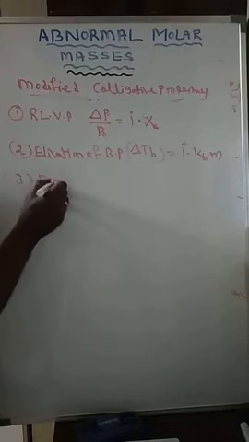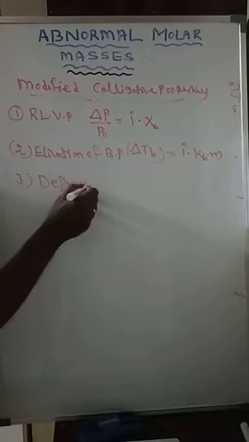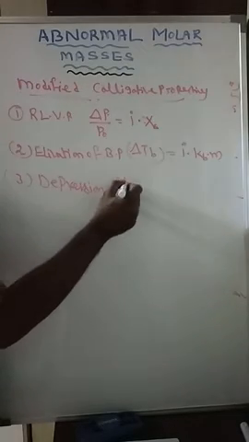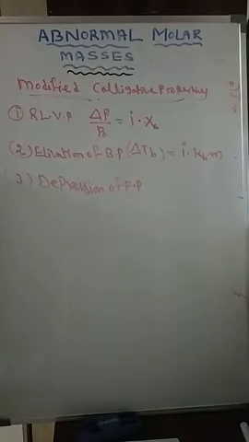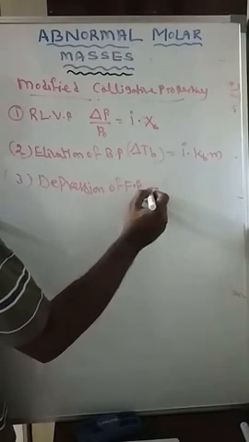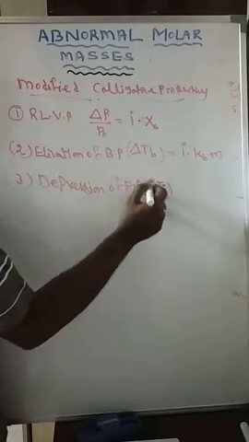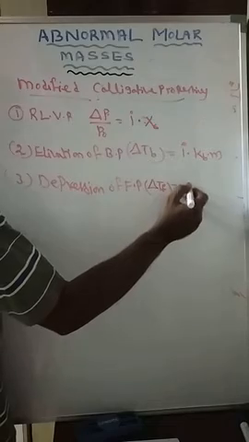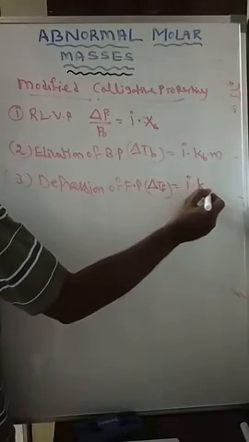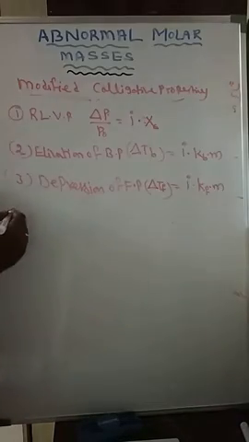Third one is depression of freezing point, with the symbol delta TF, that is equal to i into KF into m.